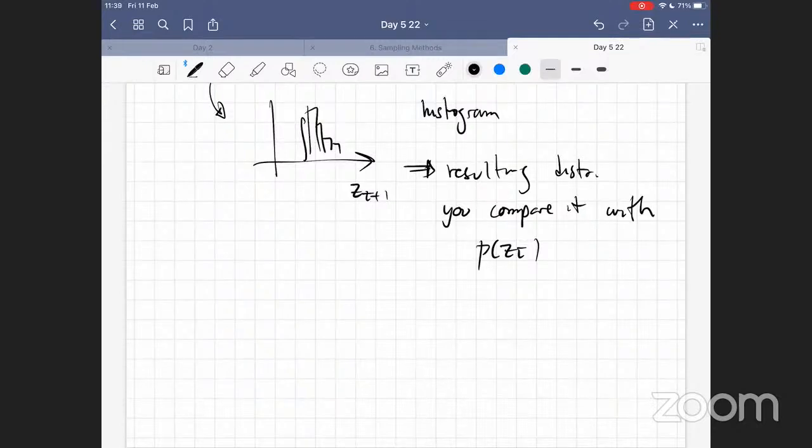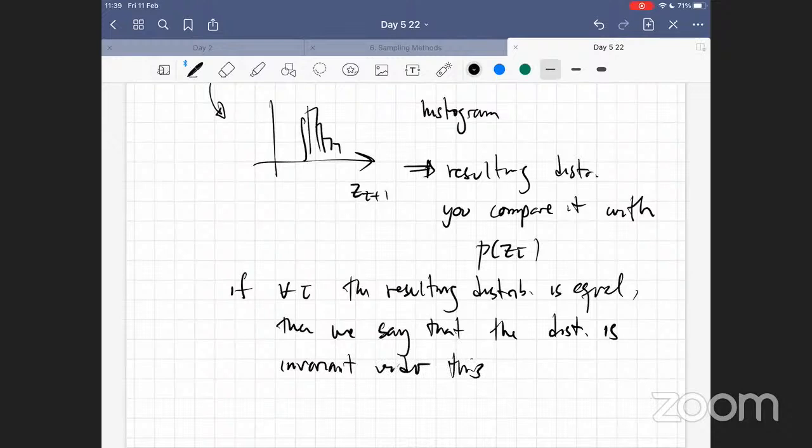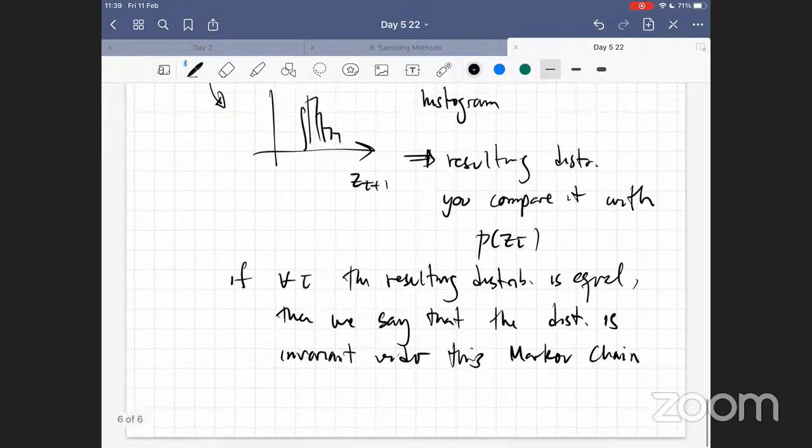And if for all tau the resulting distribution is equal, then we say that this distribution is invariant under this Markov chain, of course.